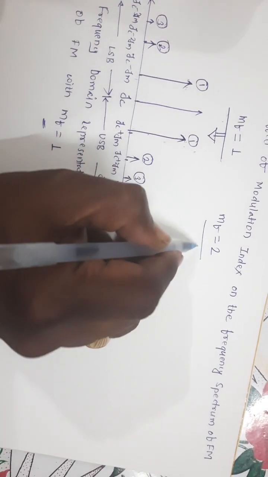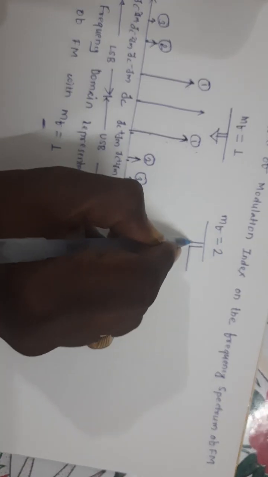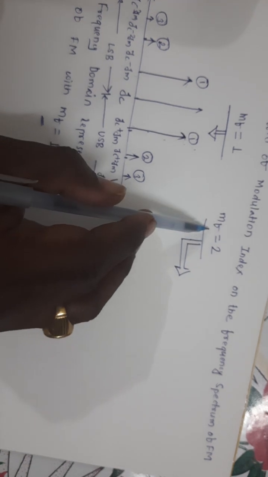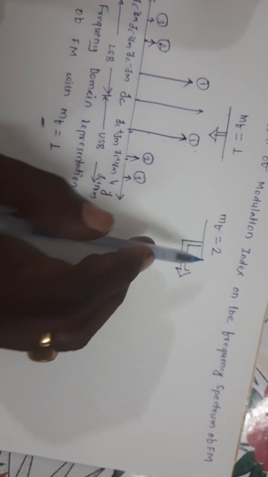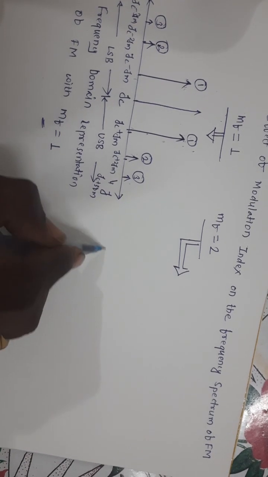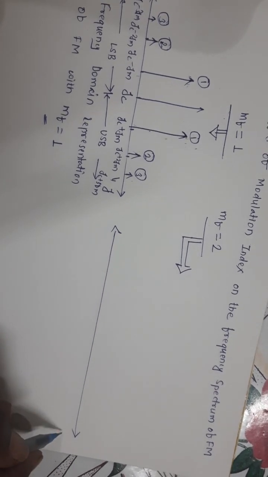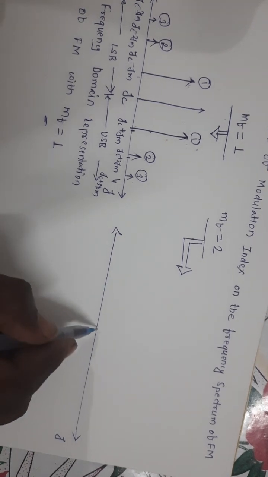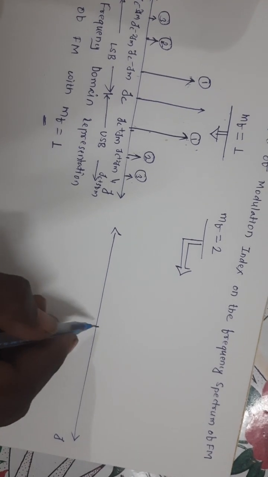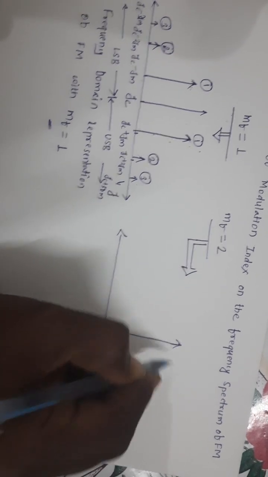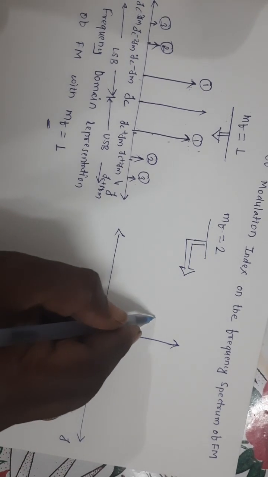Now let us look at the second example, in which we draw the frequency spectrum with modulation index 2. Similarly, on the x-axis there is frequency and on the y-axis there is amplitude.